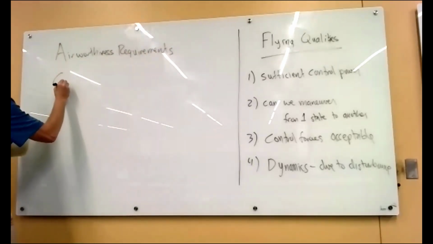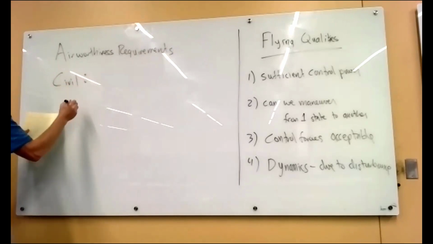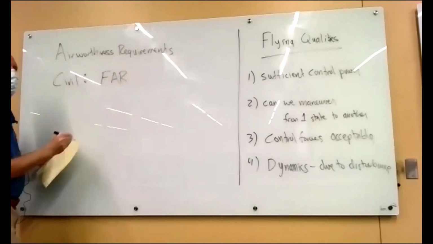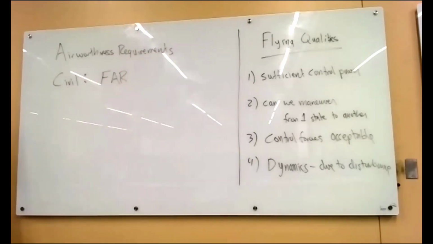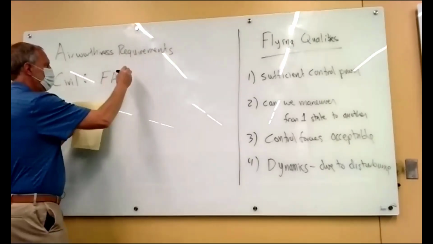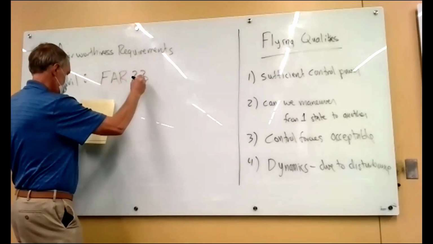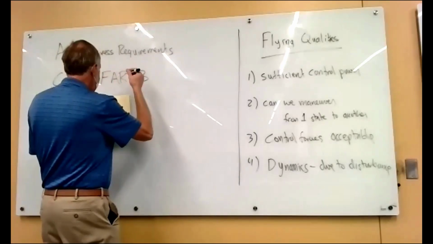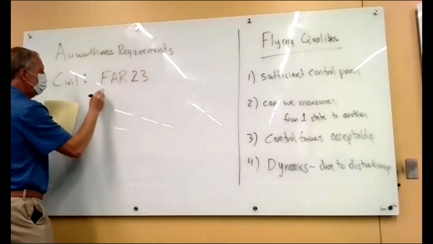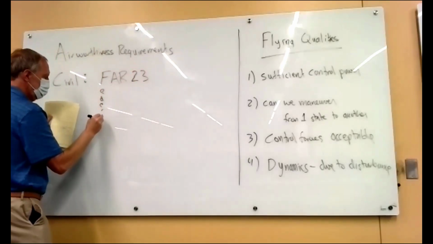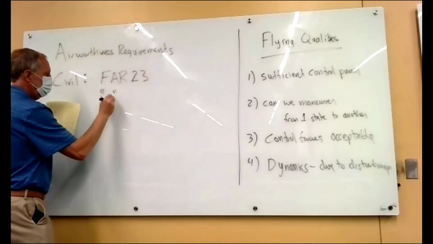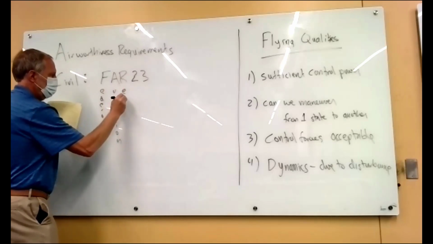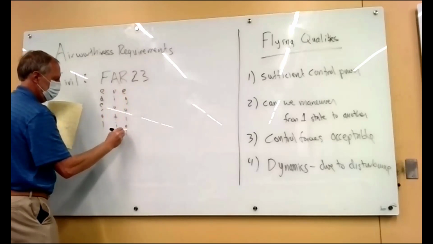And for the civil aviation, if you talk to any of the airplane people, you may have already heard these. You talk about FAR Part 23. These are the codes of Federal Aviation Regulations. So this is Federal Aviation Regulations.